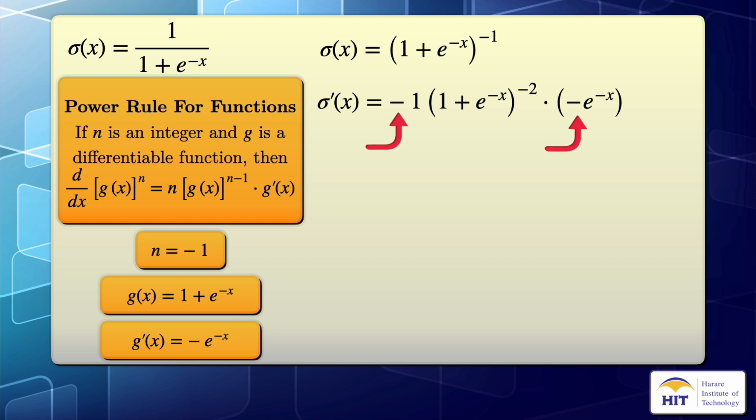This minus and this minus give us a positive, so we remain with e^(-x) divided by (1 + e^(-x))^2.